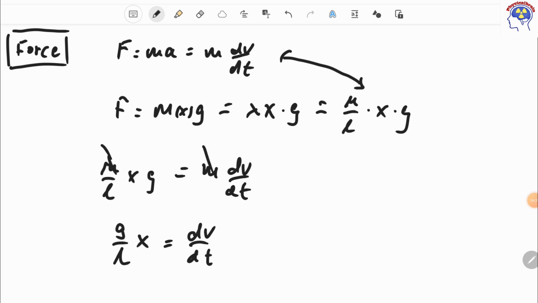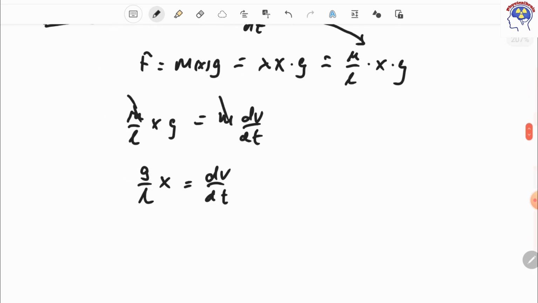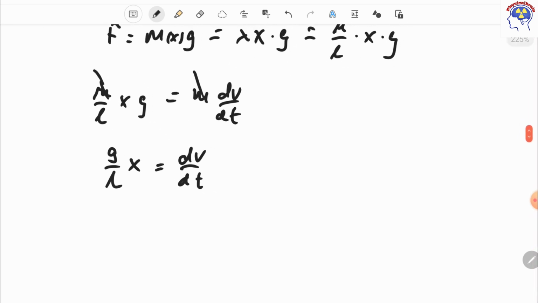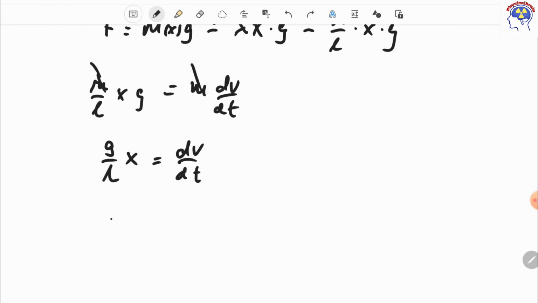From the left side we have x, and from the right side we have dv/dt. dt is not appropriate here, I would say. We want to work in terms of x. I'm going to play this differential game again. g/L times x equals dv/dx times dx/dt.